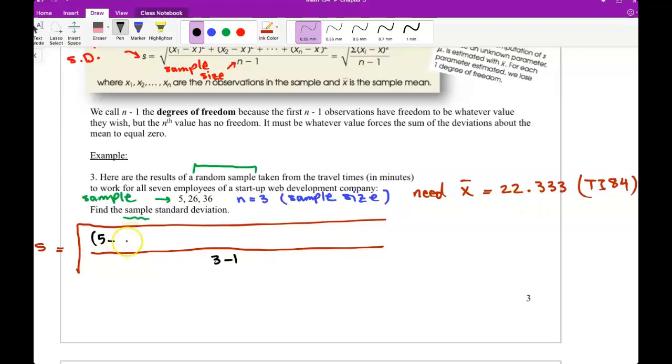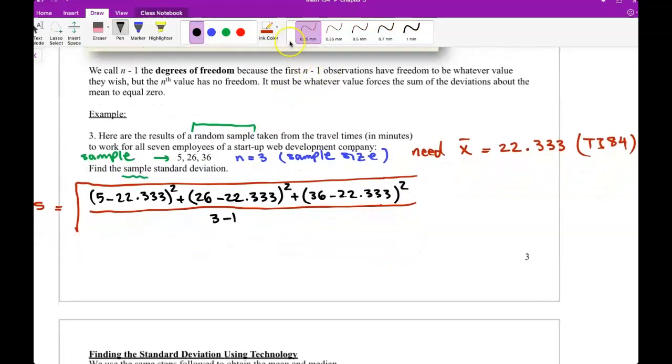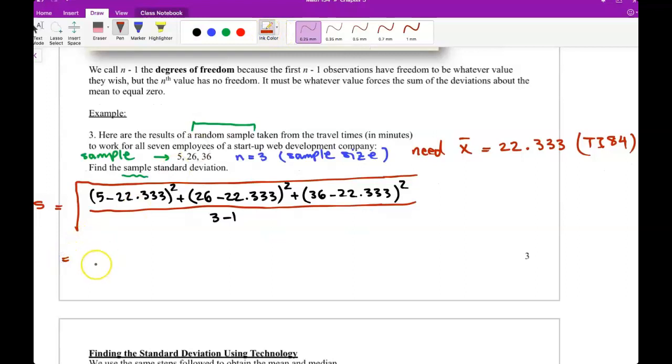So 5 minus 22.333 squared, plus 26 minus 22.333 squared, plus the third one, 36 minus 22.333, squared.